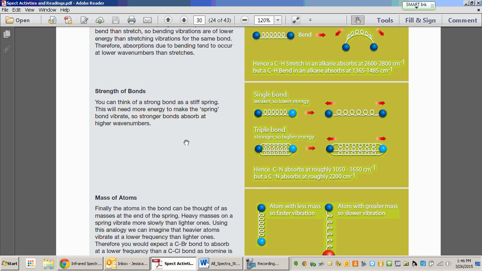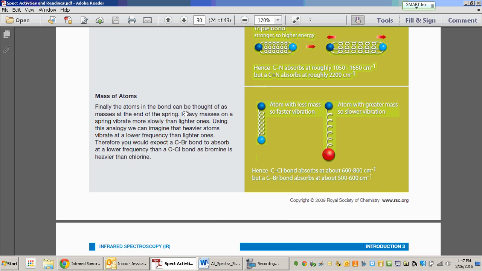And the single bond doesn't take as much energy to stretch. And then this one was kind of confusing, but you can think of the mass of each atom as a weight on the end of the spring, so it affects how it pulls and bends. So the ones that vibrate the most are single bonds, and the ones that stretch the most are the bonds between a light and a heavy atom.